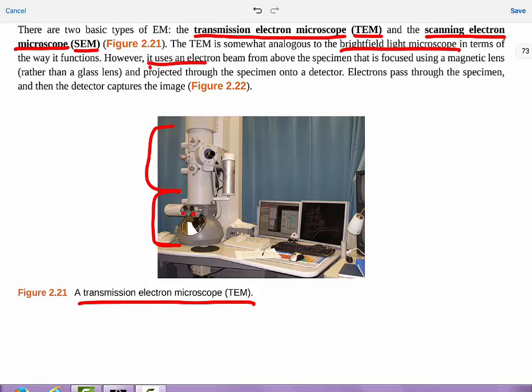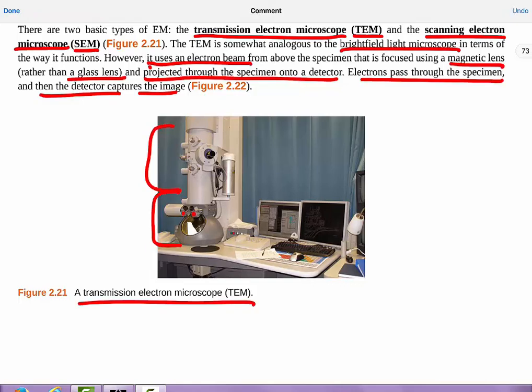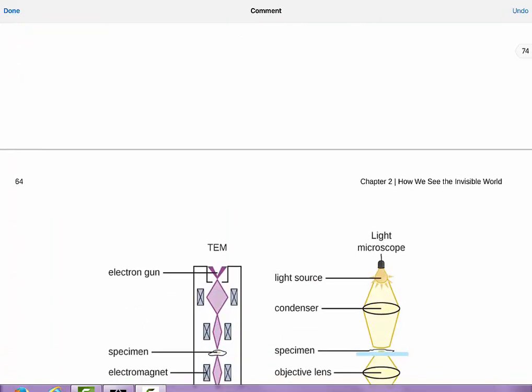However, it uses an electron beam from above the specimen that is focused using a magnetic lens rather than a glass lens and projected through the specimen onto a detector. Electrons pass through the specimen and then the detector captures the image. So we're using beams of electrons to go through that specimen.